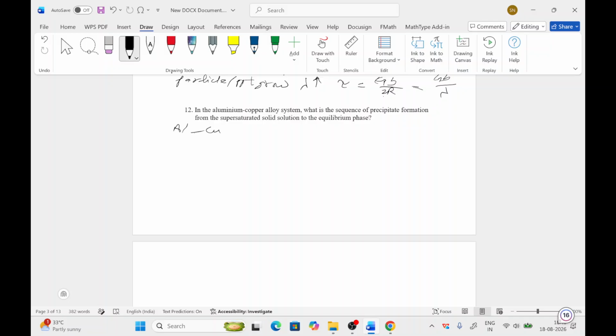In the initial stage, when the supersaturated solid solution of aluminum copper is aged, first clusters of copper atoms form on 100 planes, and the thickness of these clusters is around a few interatomic distances.